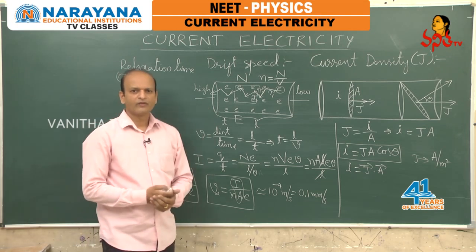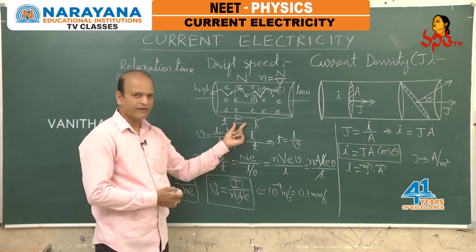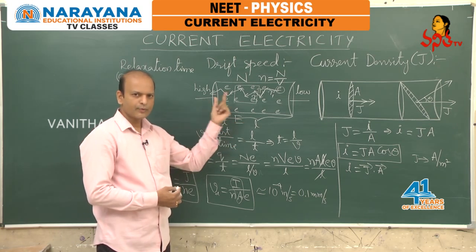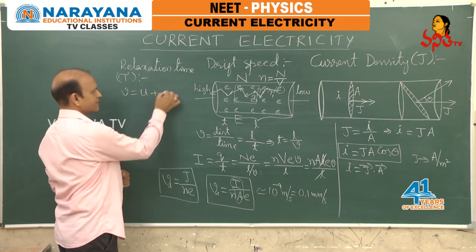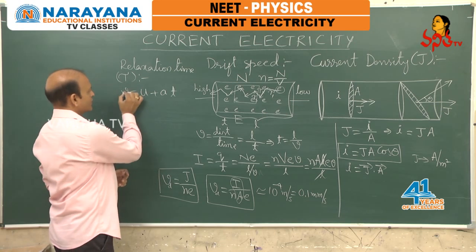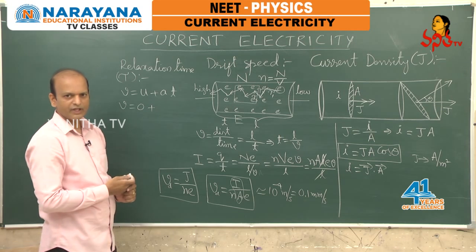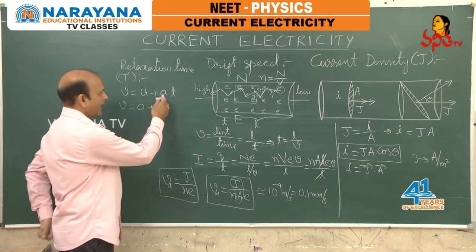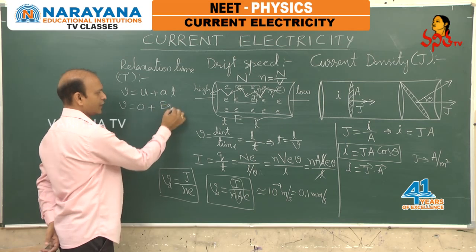Let us observe with this equation. As electrons are moving under the field effect, they are supposed to be accelerated. Therefore, let us use this equation, V equals u plus at. Here V is equal to, u is 0, the initial speed. Acceleration under the field effect is eE by m.